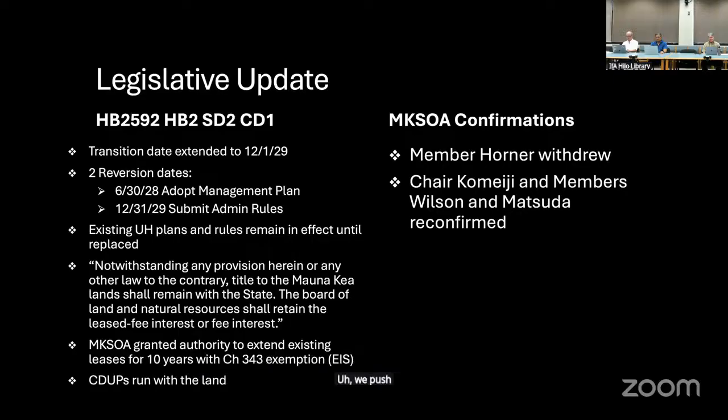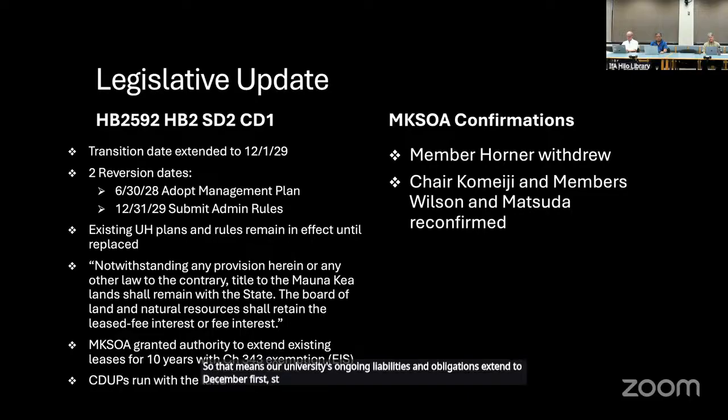We pushed for that, but they went with the 2029 date instead. So that means our university's ongoing liabilities and obligations extend to December 1st, 2029, unless we are able to effectuate a transfer of leases and permits and all of that stuff sooner.